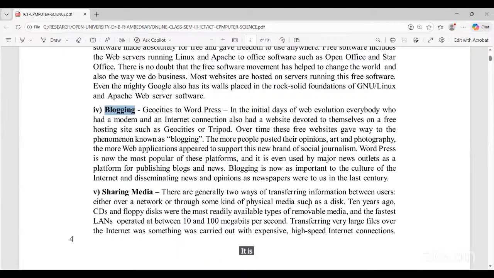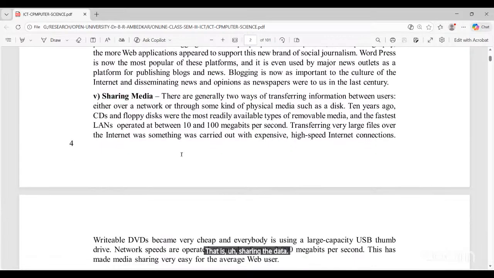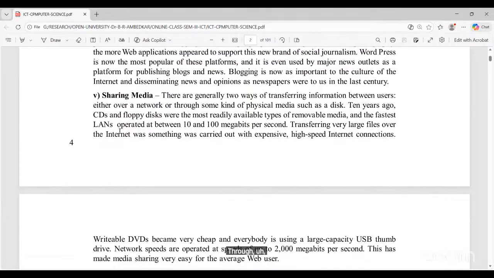It became more popular, and sharing the data, that is called media, through devices. You can say CDs or floppy disks, or sharing the data through LAN, local area network.